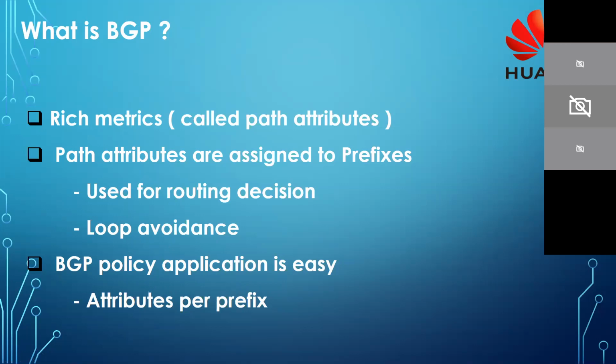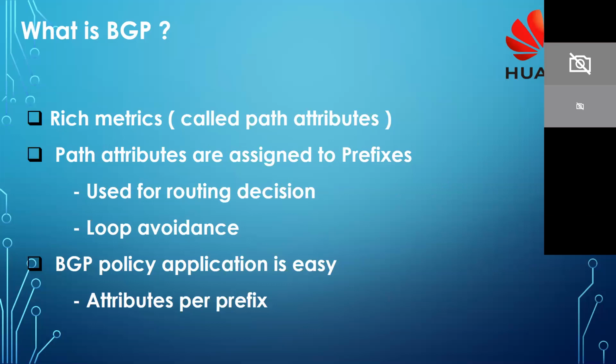The path attribute is very good for BGP because we gain so much benefit from it. A complicated policy in OSPF can be done in just one or two lines in BGP. So this is why ISPs run BGP.